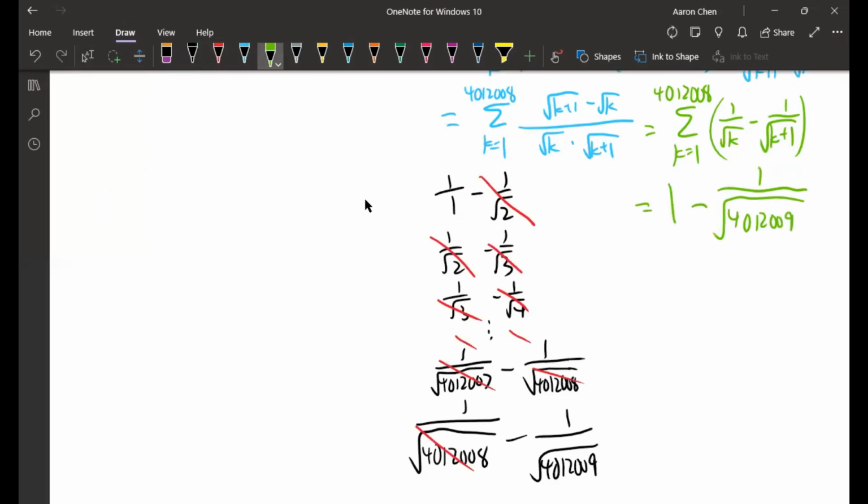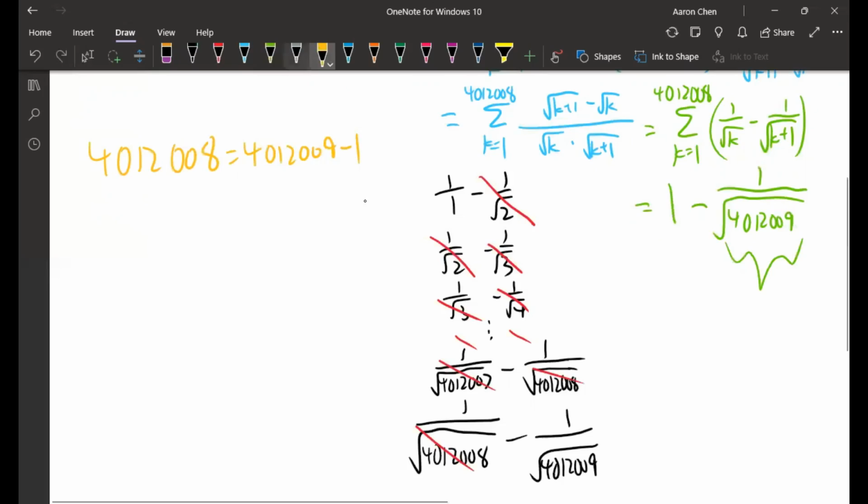And if you remember the hint I gave earlier, it was about the relationship of 4,012,008 in relation to other numbers. And the way you could bring that relationship into play was by using the fact that 4,012,008 is 4,012,009 minus 1. So although this may seem simple, this actually means that it's 2003 squared minus 1.